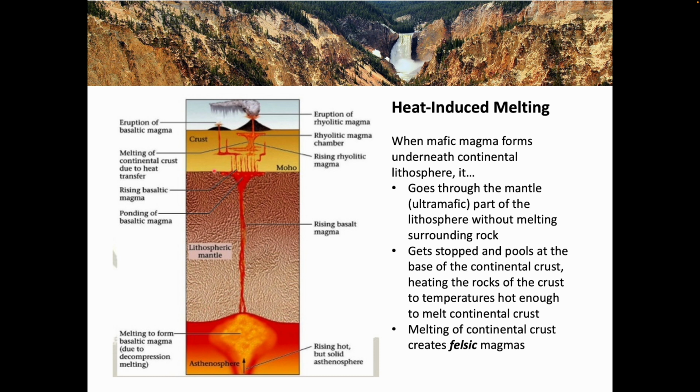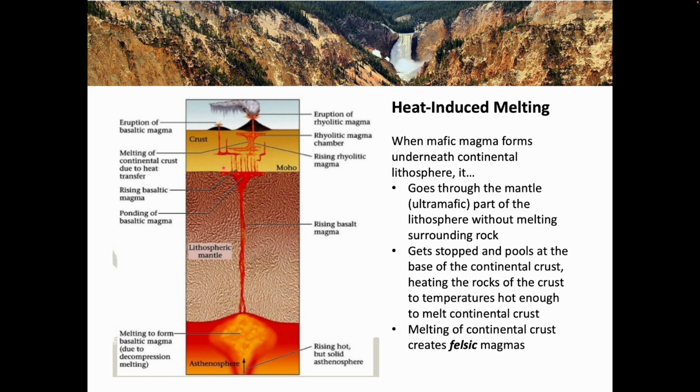There's a compositional boundary at the base of the continental crust called the Moho, which is short for Mohorovičić discontinuity, but you don't need to know that. The Moho is the base of the crust and the top of the mantle, although it's all part of the lithosphere. When your mafic magma pools at the base of the crust, it starts to heat those crustal rocks to temperatures above their melting point.